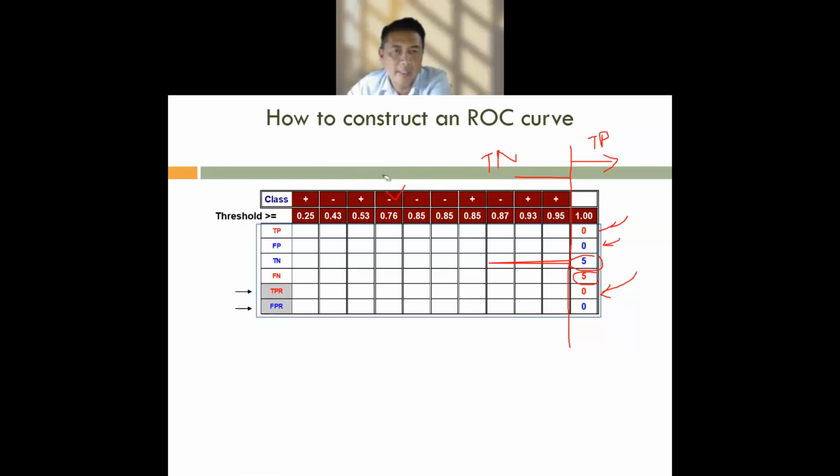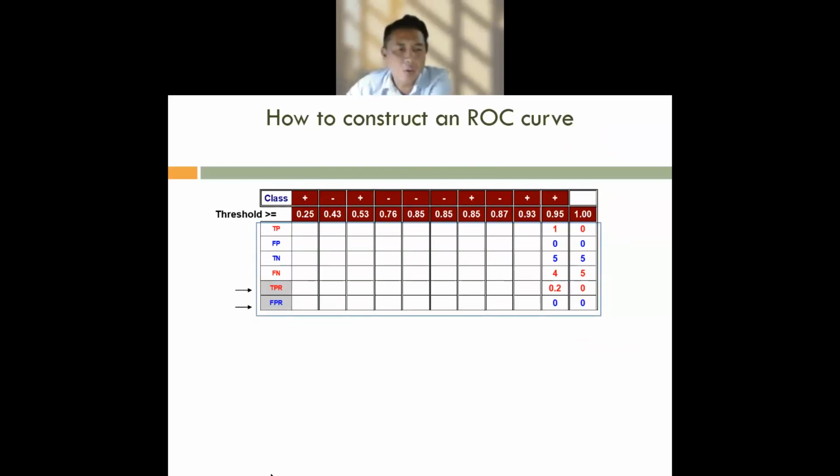Okay, can you follow me? Now we go to the second level. Everything to your right will be positive, everything to your left will be negative. So this is considered as true positive.